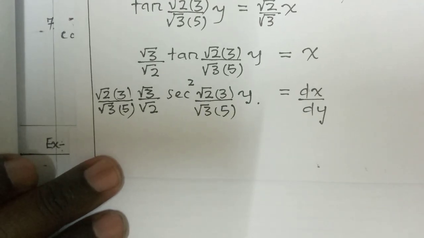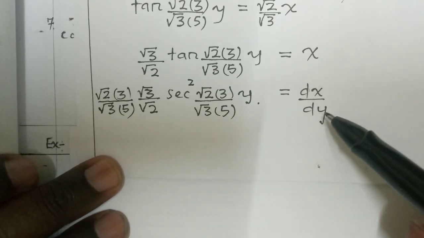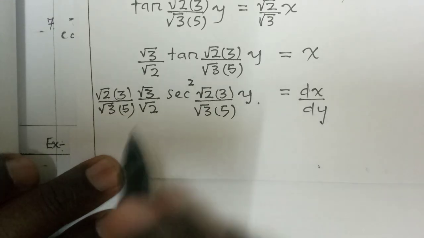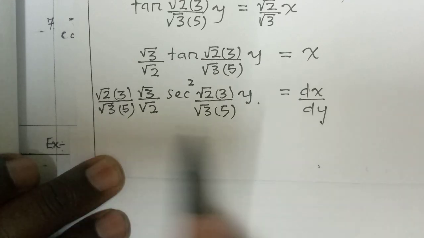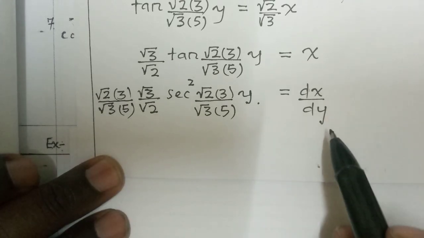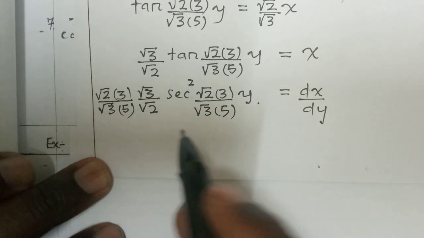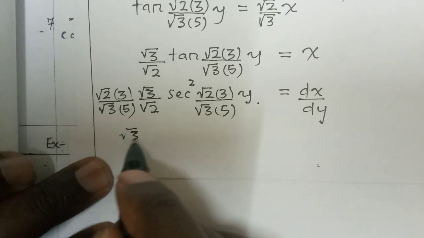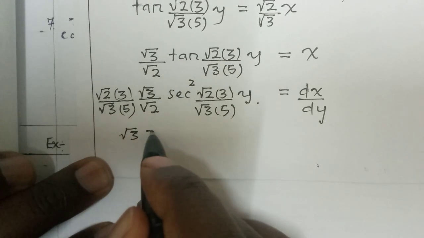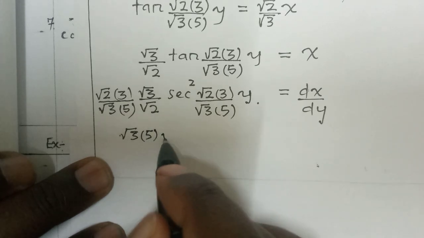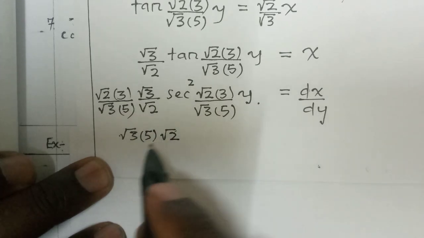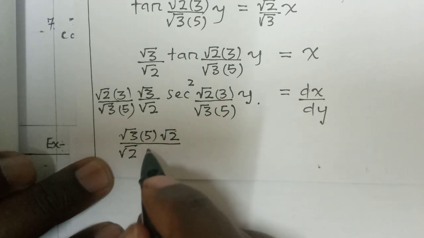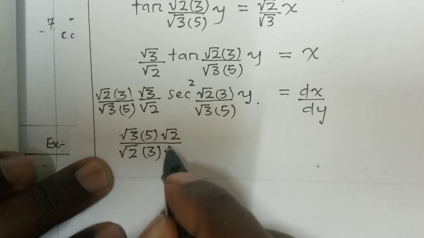And so from there, guys, we can now find dy/dx by getting the reciprocal of those figures. We now find the reciprocal of the whole situation, so that we have dy all over dx. So this one is going to be like this, guys. You'll have the square root of 3 from here, then 5, and then the square root of 2, all over square root of 2, then you have 3 and square root of 3.